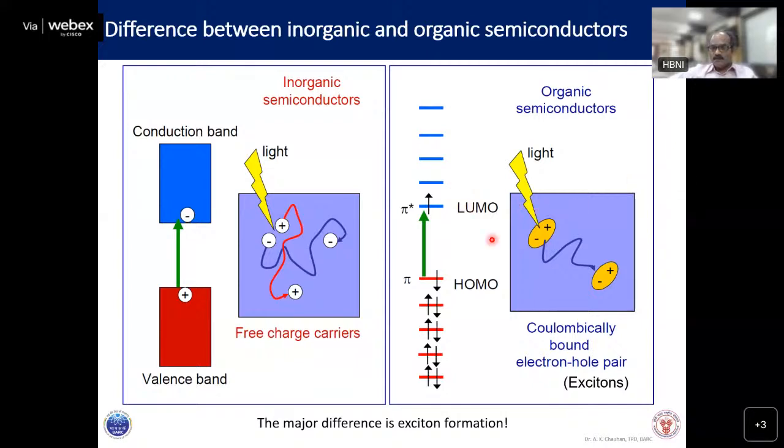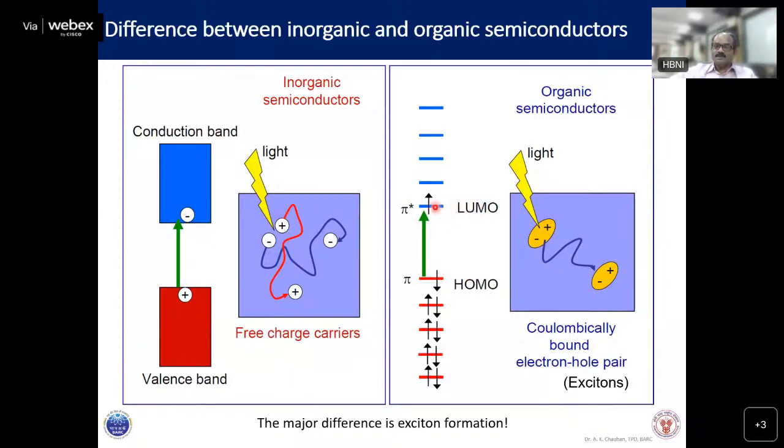So you have small localized bands, and in place of valence band and conduction band, in organic semiconductors we call them HOMO and LUMO. And the width is also small. So you have a HOMO level, a LUMO level, and then there is no continuity. Up to this it is one level, then you will have exactly a similar level, but there will be a little bit of gap.